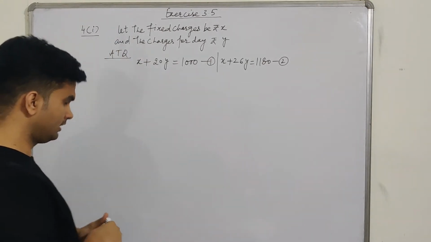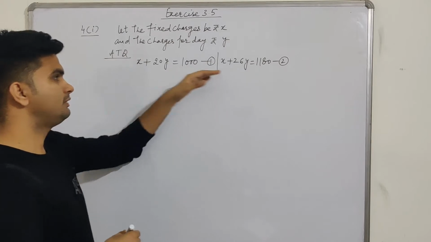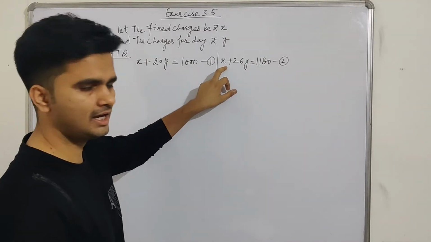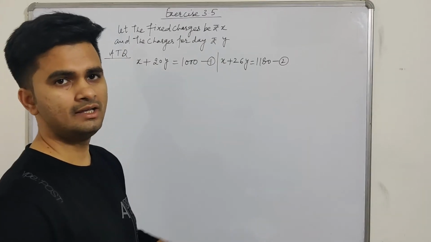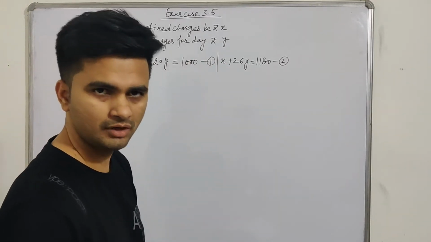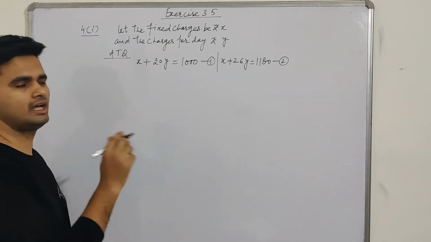So to solve it by using elimination method, I need the coefficient of either X or Y the same. Here the coefficient of X is 1 and here also 1. So no need to multiply with any term.